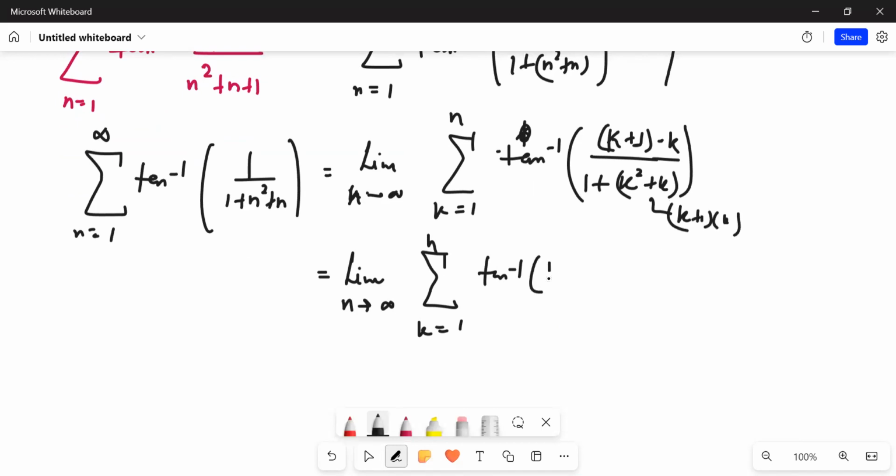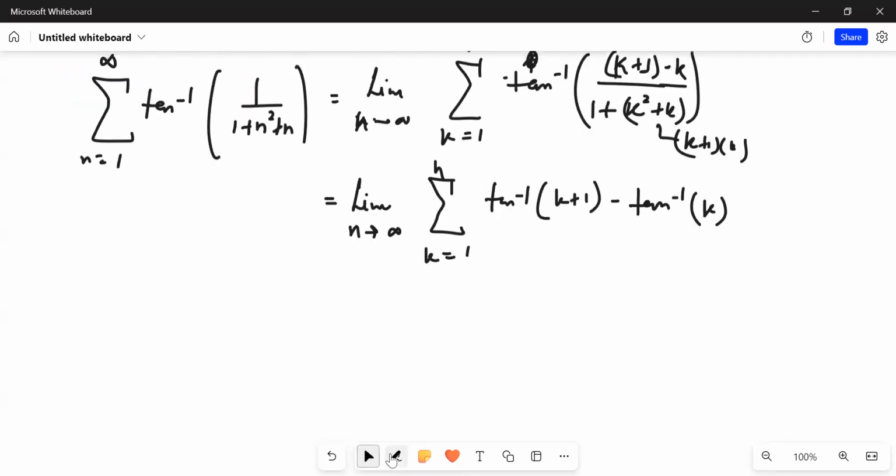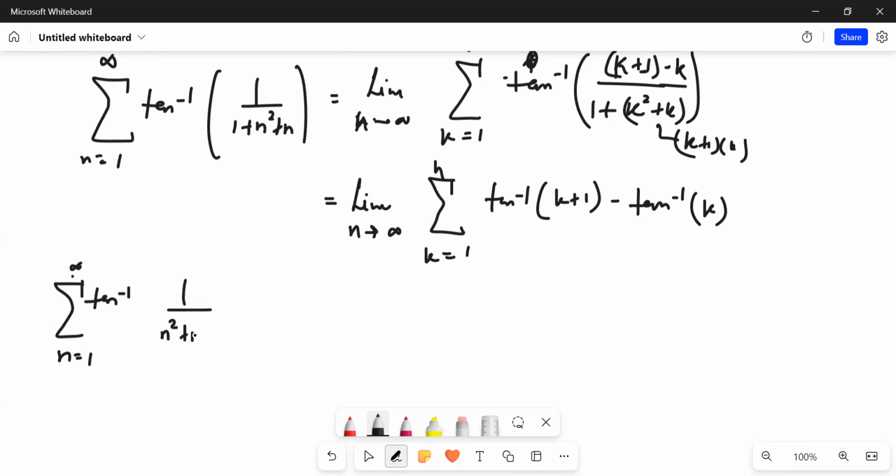So I think it's quite evident that I can write it this way. Now, if I want to find summation n equals 1 to infinity tan inverse of 1 upon n square plus n plus 1, this is equivalent to writing limit n tending to infinity summation k equals 1 to n.